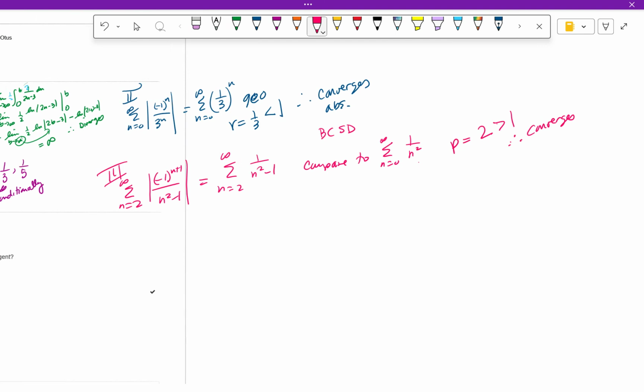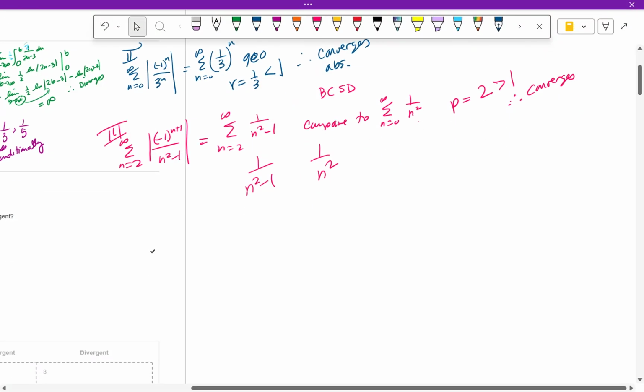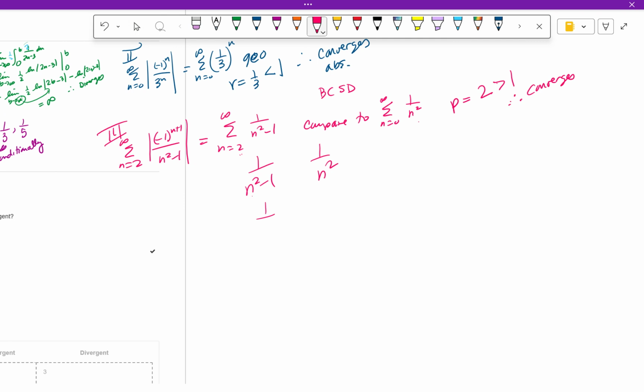Let's see if it works. I'm not sure it does. I think I may have done my work wrong, but let's try it. If I'm starting with 2, because I didn't start with 2 when I was doing it, we get 1 over 2 squared, which is 4, minus 1 is 3, so 1 over 3 compared to 1/4.